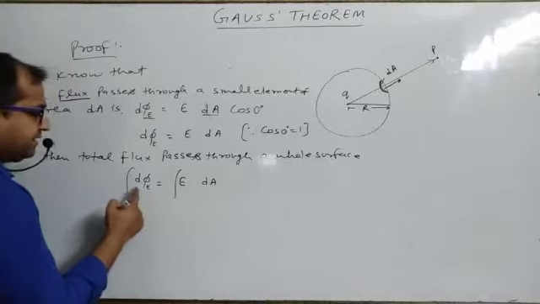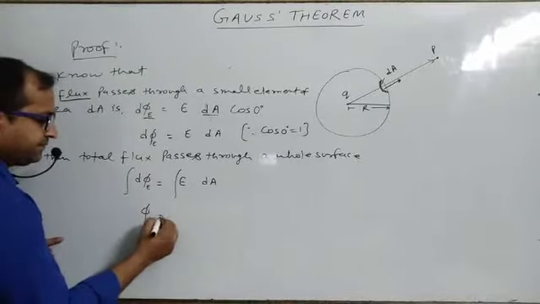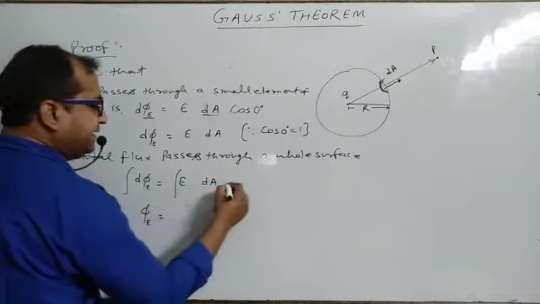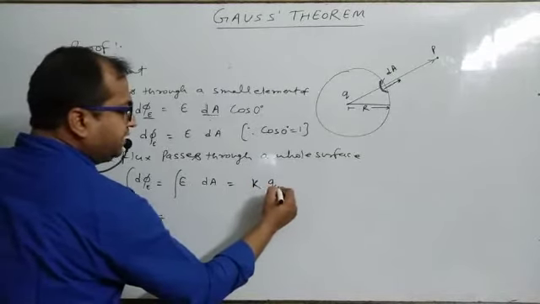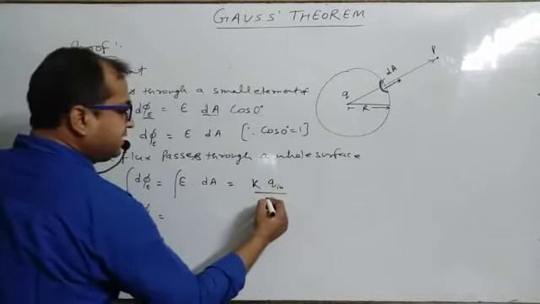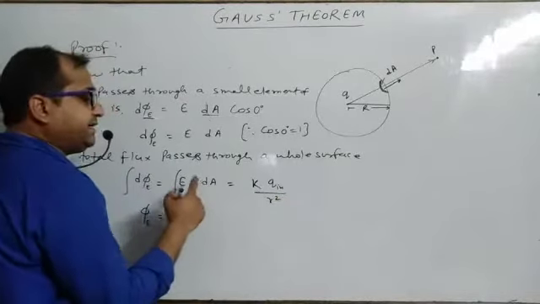We know that the integration of d phi is equal to phi E, and the value of E is equal to k q in by r square. This is the r square, and dA is the area.